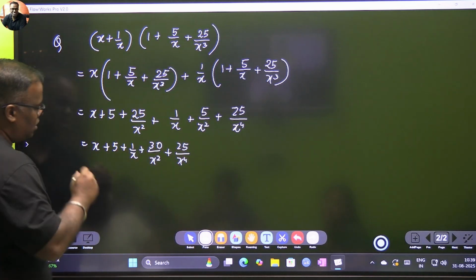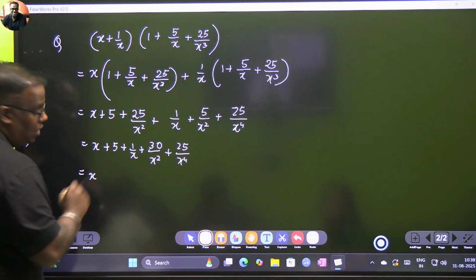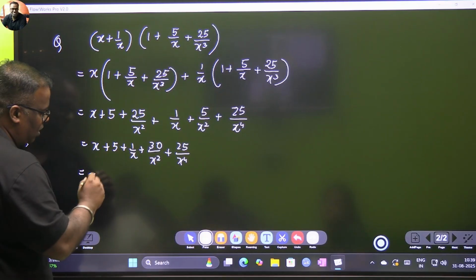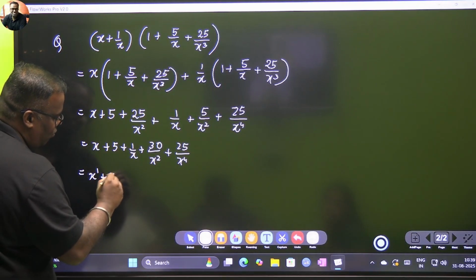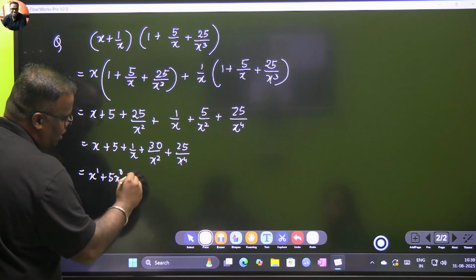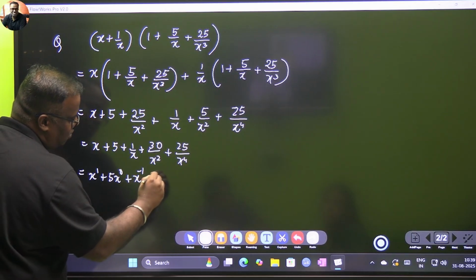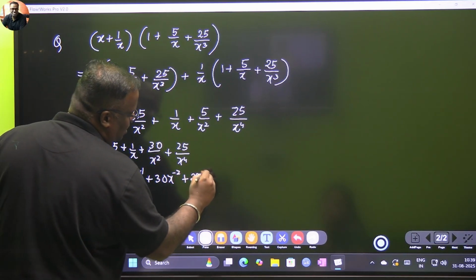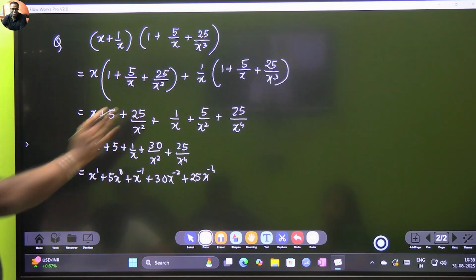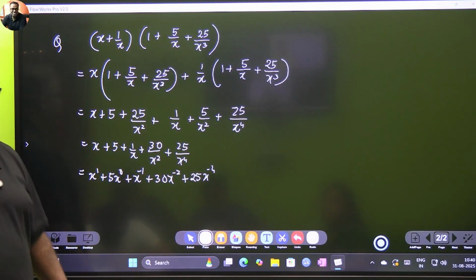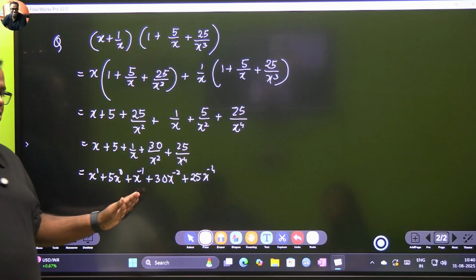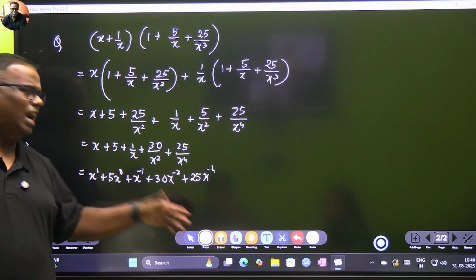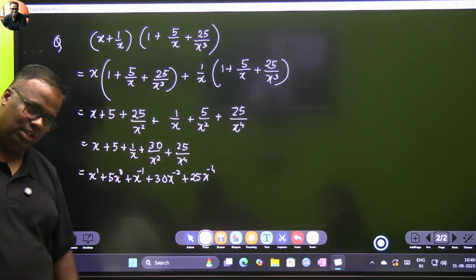If you want to make it look more beautiful, it is x plus 5x to the power 0 plus x to the power minus 1 plus 30 x to the power minus 2 plus 25 x to the power minus 4. You need not do this step, but it just looks stylish in decreasing order of degrees. Otherwise you can leave it here also. Is this clear to you?